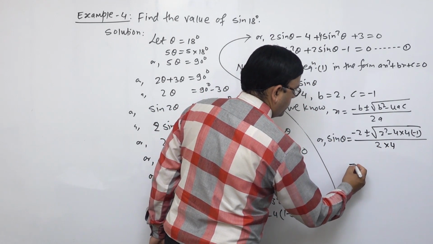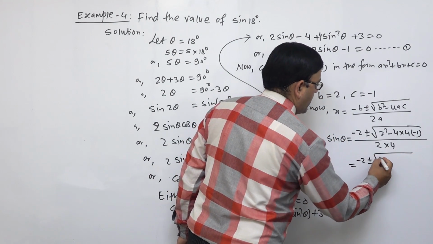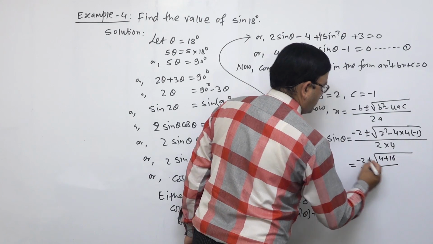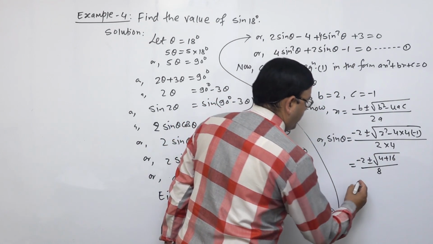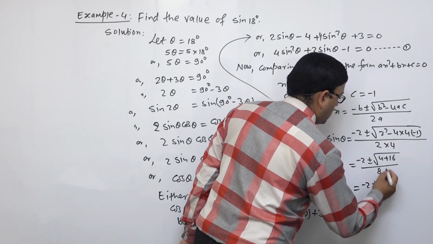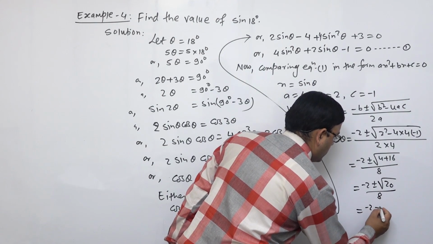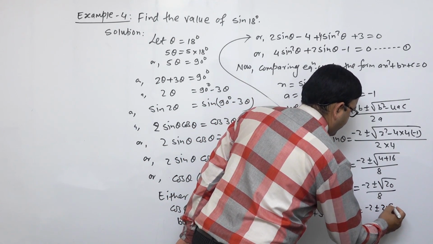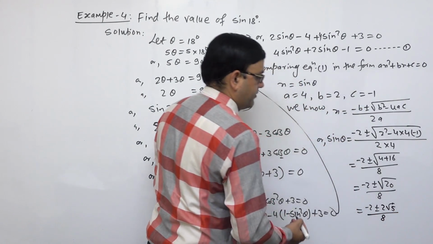This is equal to minus 2 plus minus root under 4 plus 16, by 8. This is equal to minus 2 plus minus root 20, by 8. So this is equal to minus 2 plus minus 2 root 5 by 8. We can take 2 common.